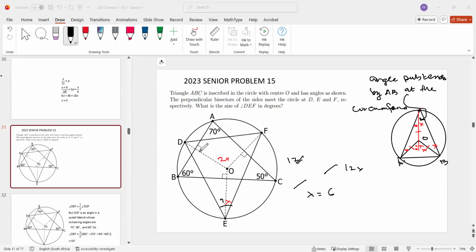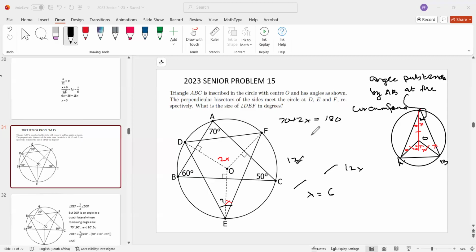So if these two add up to 180, then these two will have to add up to 180 also. So in other words, 2x plus 70, those are the two remaining angles, 70 plus this angle 2x is 180.